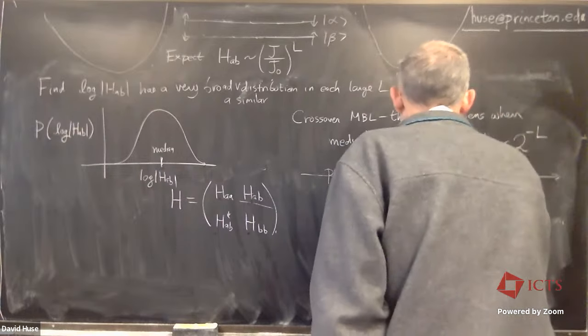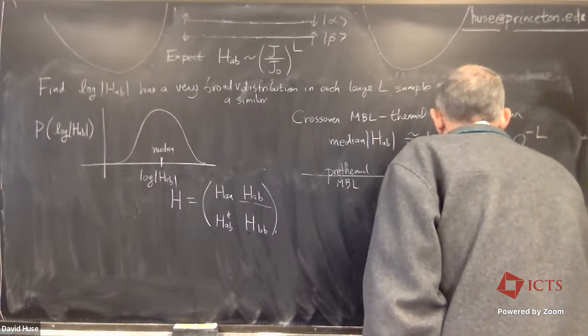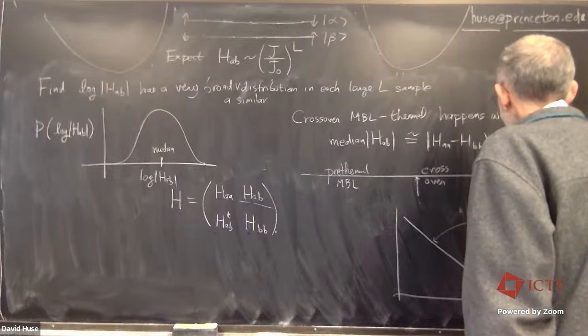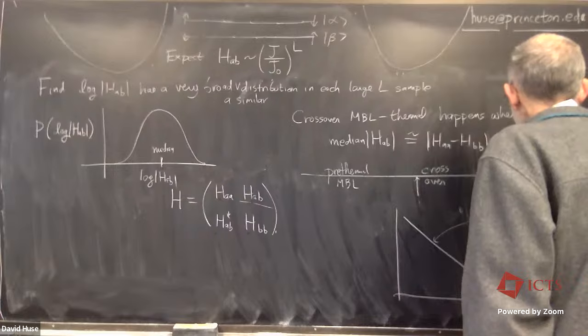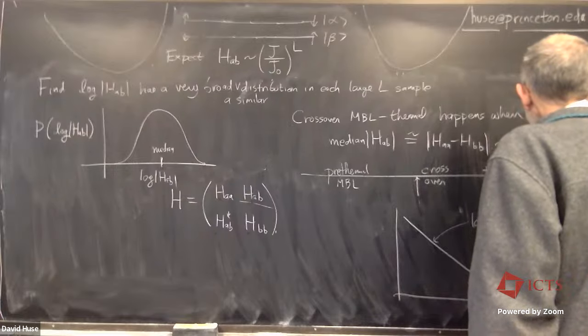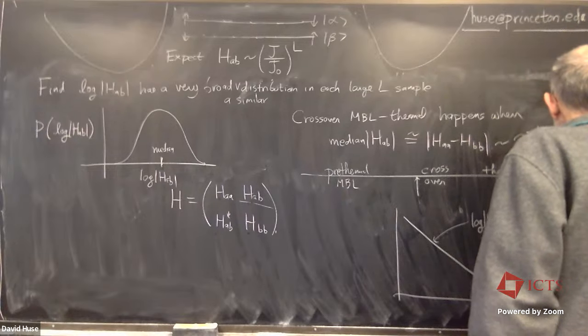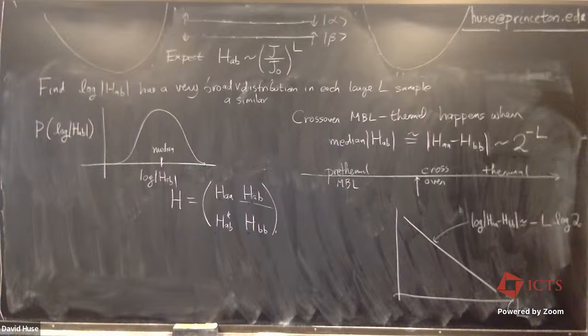Here's L. Here's log B, which is going as minus L log 2, because it's the logarithm of 2 to the minus L.